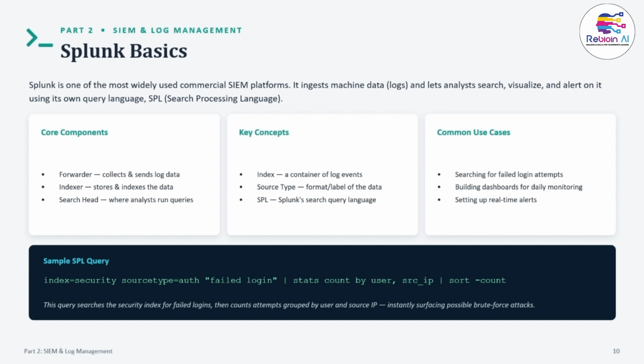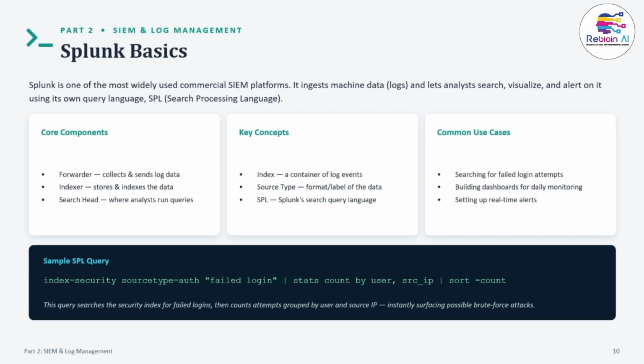Let's break this down piece by piece like reading a sentence. index=security sourcetype=auth_failed_login. This tells Splunk to search only inside the security index, only look at authentication logs, and only find lines that contain the phrase failed login.